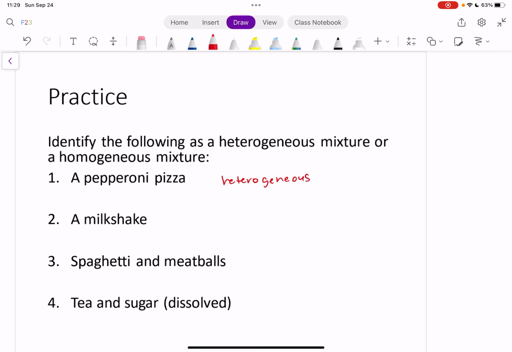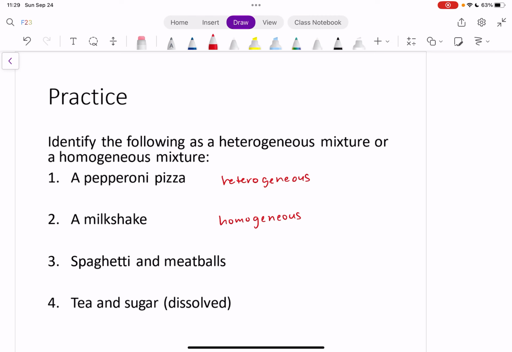What about a milkshake? That's homogeneous or homogenous, I don't know, I hear it said either way, so whatever works for you. But a milkshake is homogeneous. Why is that? If you look at your milkshake, if it's done well, you shouldn't be able to pick apart the different parts of the milkshake. It's the same throughout, homogeneous.